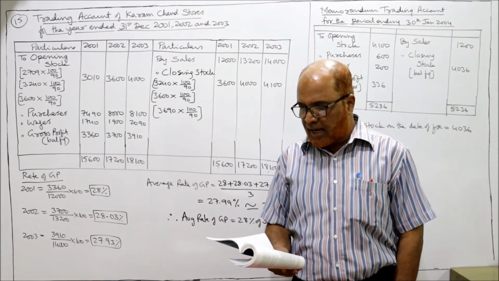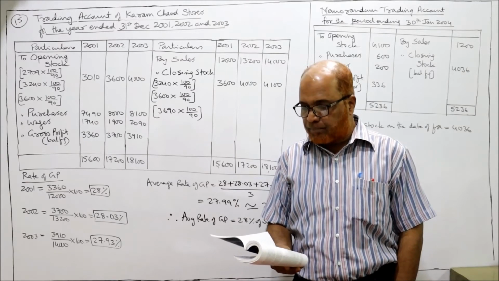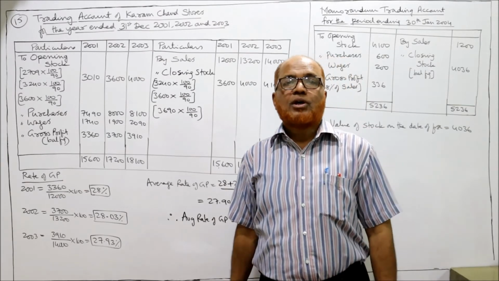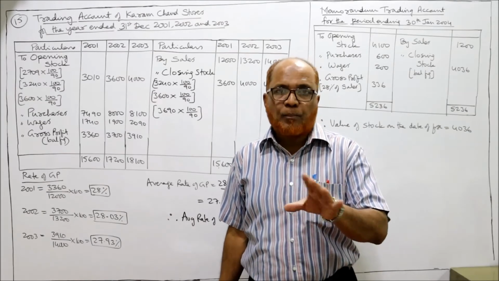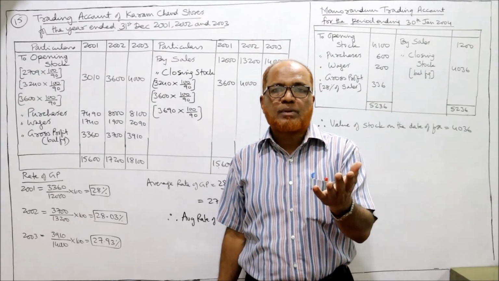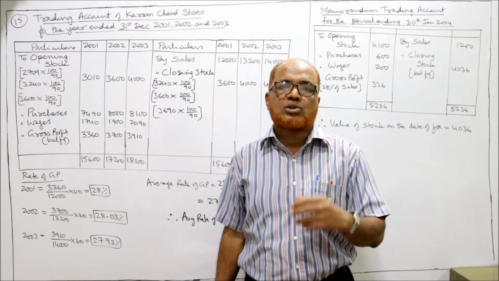The stock on hand has always been valued at 10% less than cost. So in this business, there is a policy that stock will always be calculated at 10% below cost.